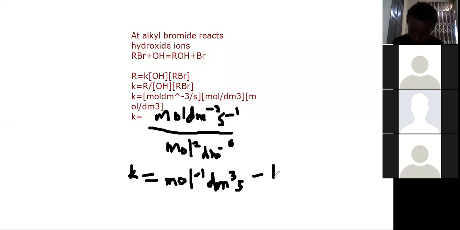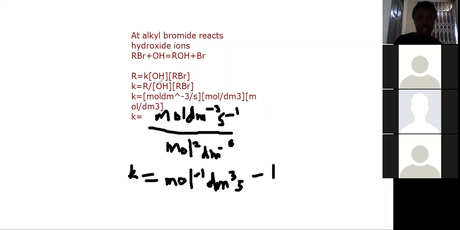Now, the other question says: what will happen to the rate of the reaction when the concentration of the hydroxide ion is tripled?